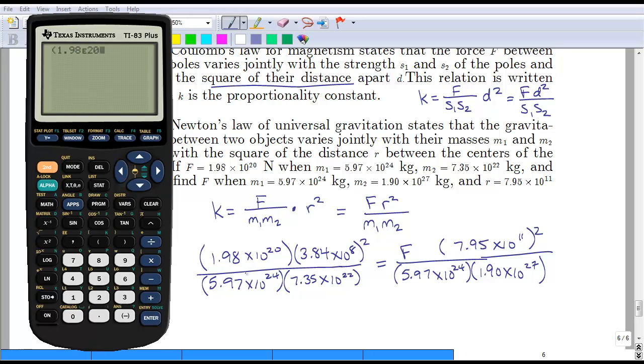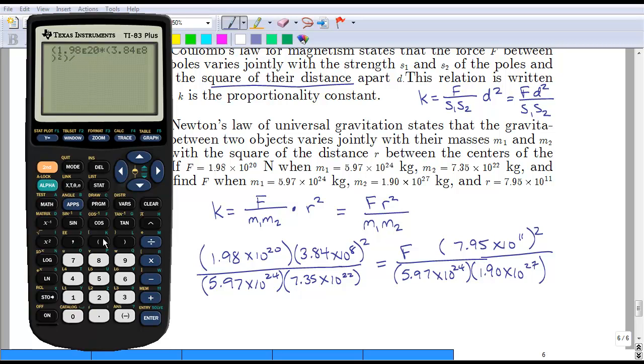So we don't need to write the times 10 and the exponent. We can just put this E button in for shorthand. Times, and I'm going to put this in parentheses because we need to square it, 3.84 E to the 8th. Again, that's all we need to put. I'm going to close this, square it, and then close the parentheses to complete the top.